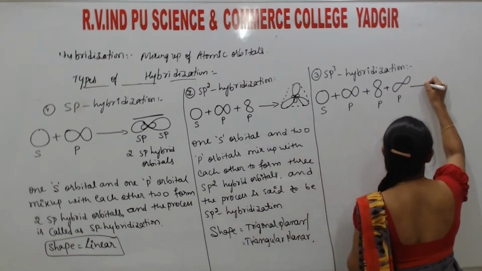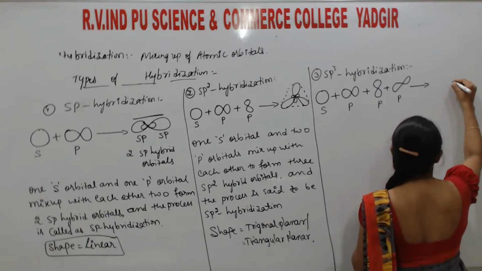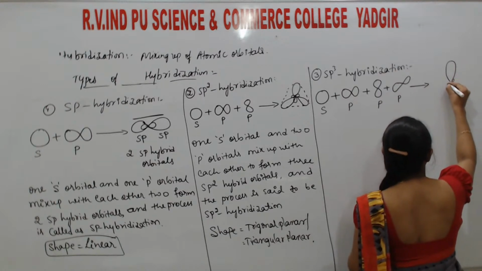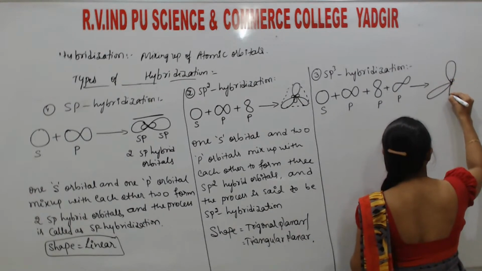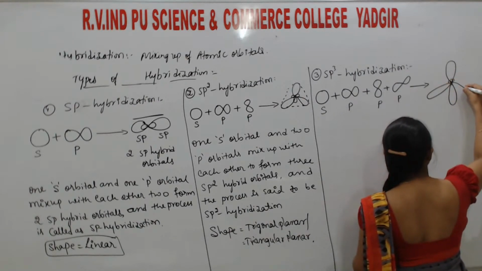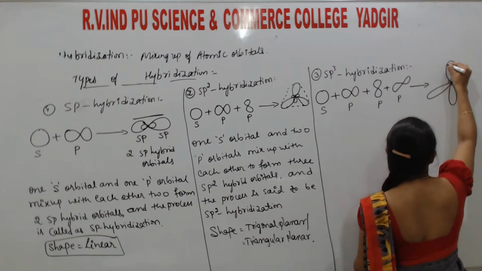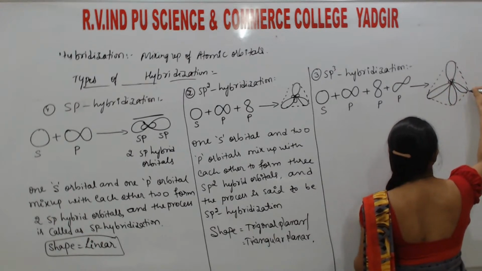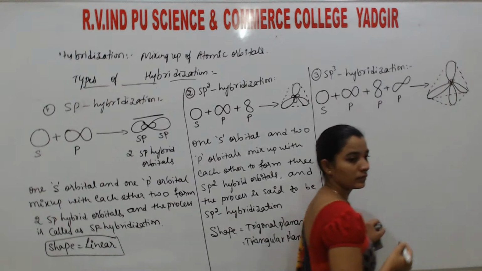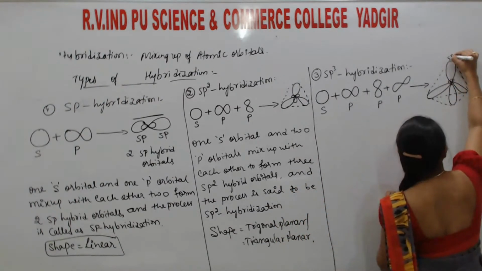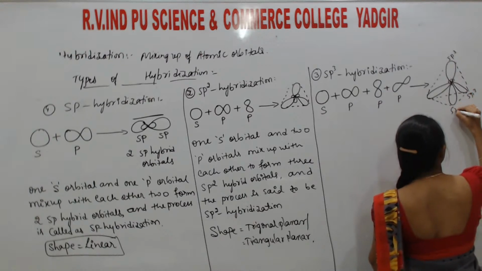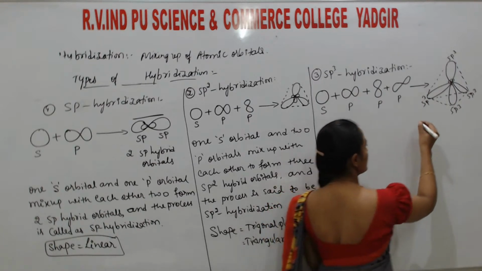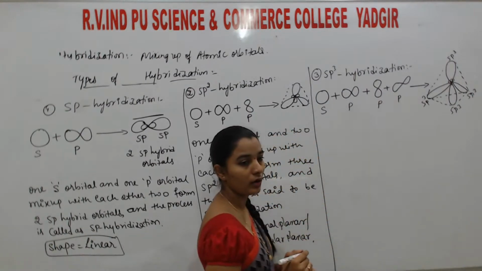So here it is, I'll write. Here it is 1, here it is 2, here it is 3, here it is 4. Okay, each orbital is sp3 hybridized. Okay, the shape is tetrahedral.